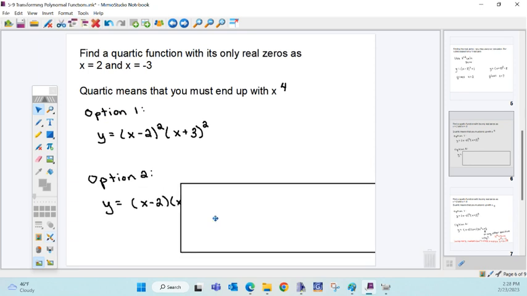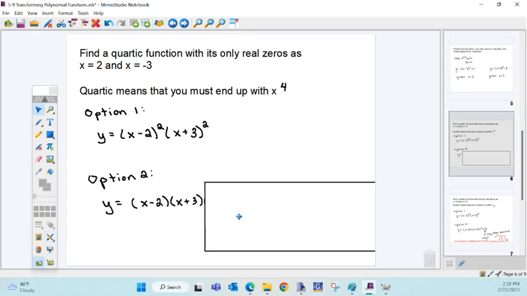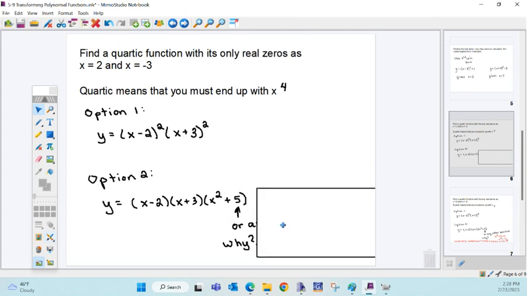Another possibility is to have one of these and one of these, x minus 2, x plus 3, and then pick something else to make sure that you've got an imaginary solution for the other two. An imaginary solution. So for example, if I choose x squared plus 5 as the other part, I'm going to have x times x times x squared. I would have a quartic.